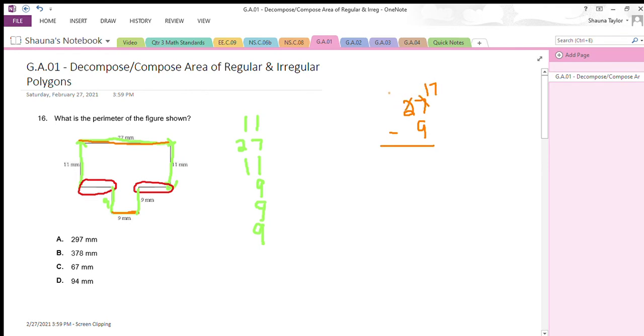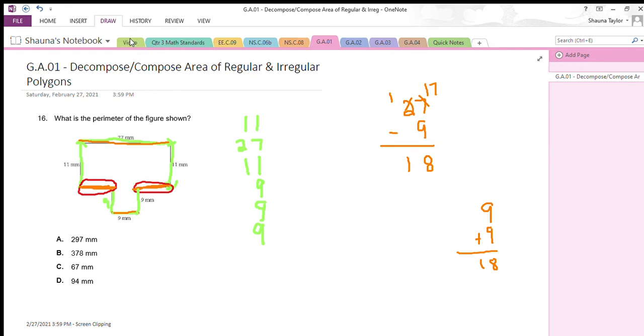The 7 becomes a 17, the 2 becomes a 1. 17 minus 9 is 8, and 1 comes down, so there's my answer, 18. So these 2 lines from here to here and from here to here equals 18. But since there's 2 of them, I'm going to cut it in half. And I know that half of 18 is 9 because 9 plus 9 is 18. You guys remember that?